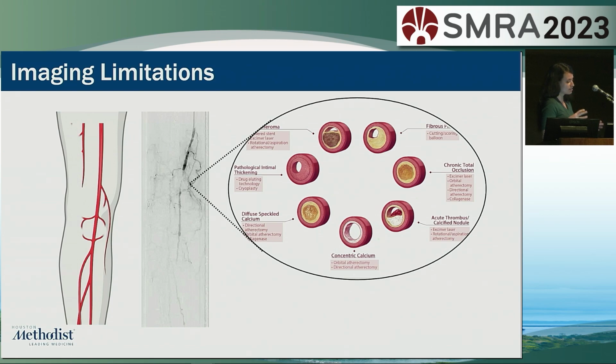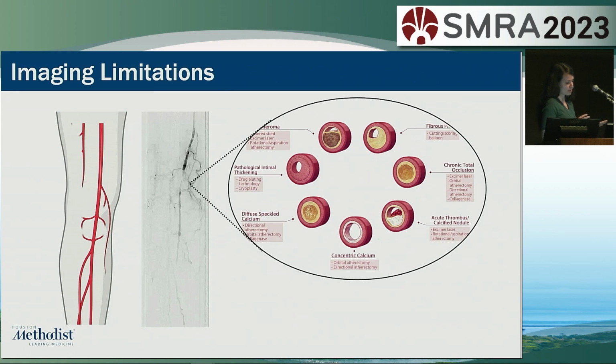And percutaneous vascular interventions are limited by these plaque components. So current imaging methods that struggle to reliably detect these hard lesions can lead ultimately to suboptimal patient and device selection and device sizing.